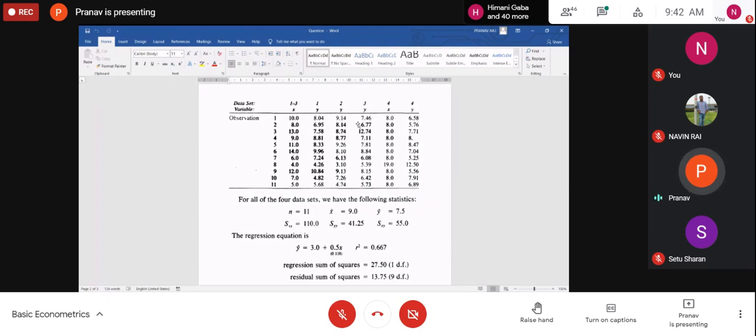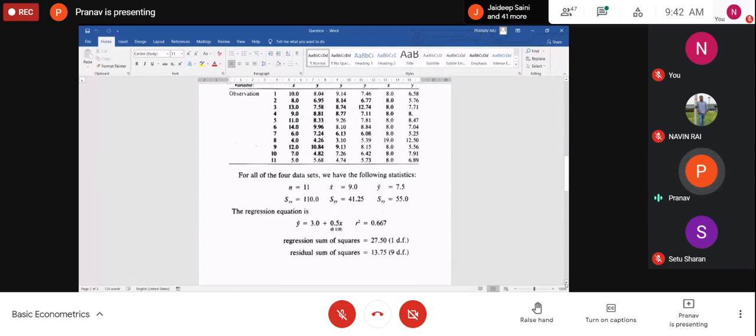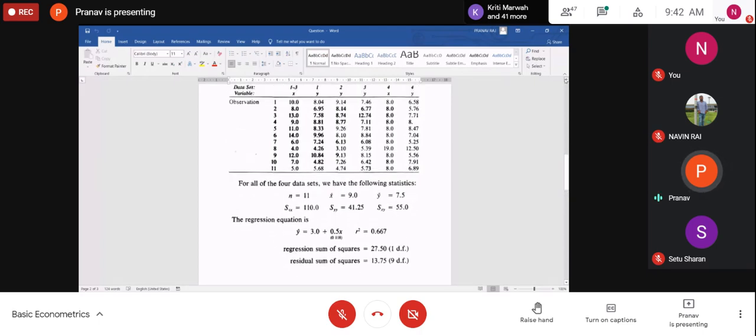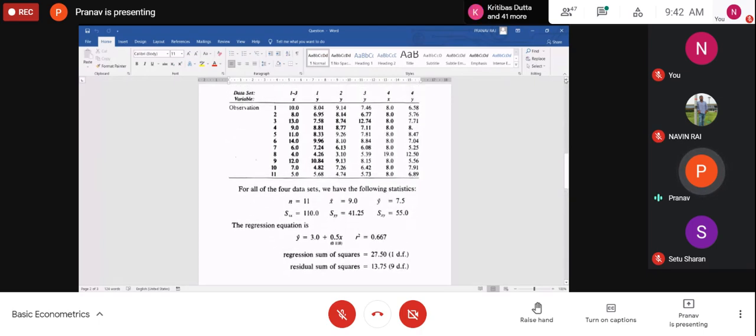Sum of squared deviations of y and of x with y are the same for all these data sets. The regression equation for all these four data sets is the same, which is this equation. And you can see that the residual sum of squares, regression sum of squares, all the relevant information that you associate with the idea of regression is the same for all these four data sets.